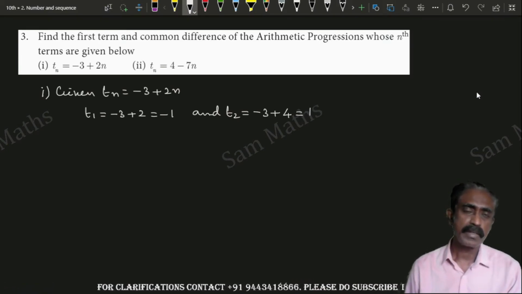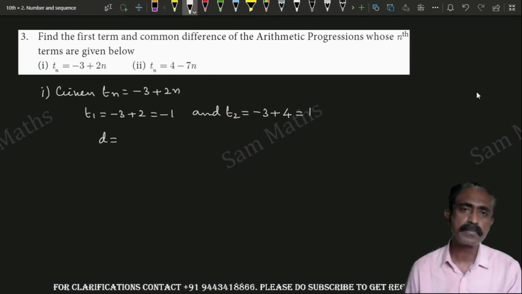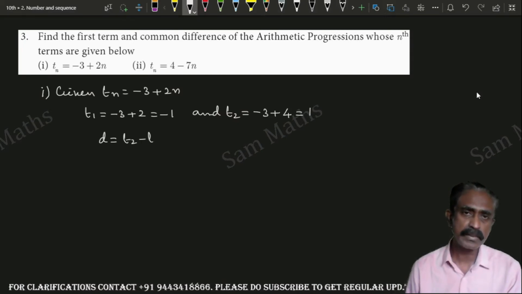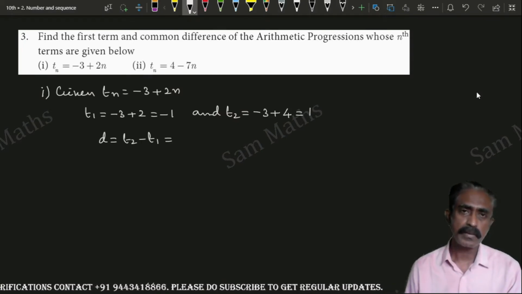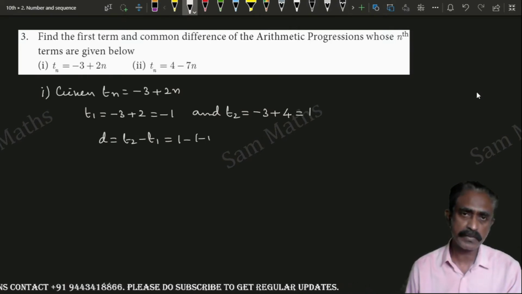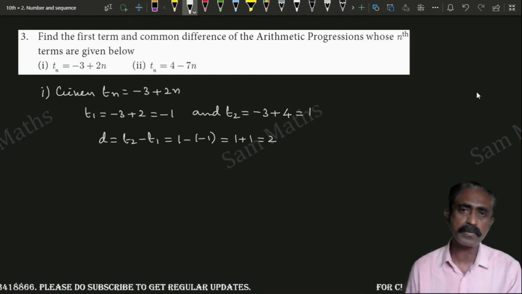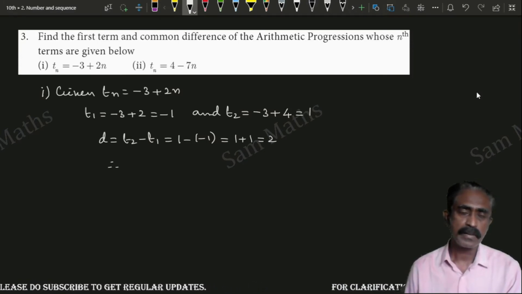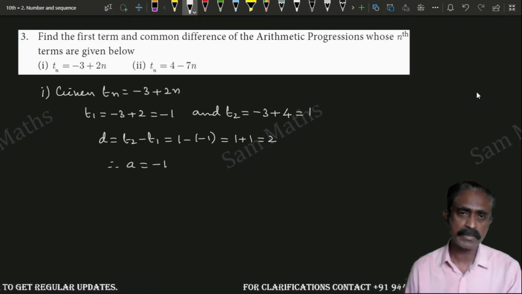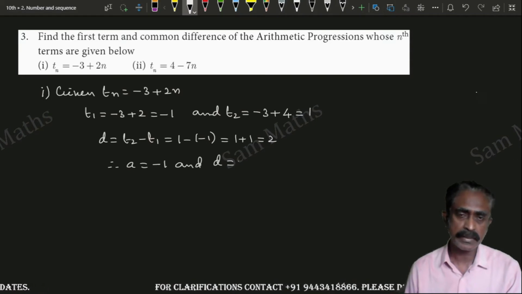Now D is equal to T2 minus T1 equal to 1 minus of minus 1, that is equal to 1 plus 1, that is equal to 2. Therefore, the first term A is equal to T1, that is minus 1, and the common difference D is equal to 2.